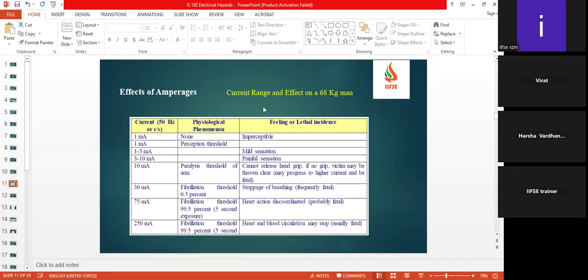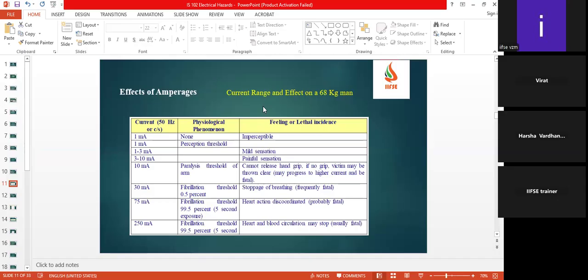And 75 milliamperes, again fibrillation threshold 99.5%, and the heart action is discoordinated, probably fatal. So discoordinated, the breathing pattern and the heart rhythm will change. It will increase, then suddenly it stops. Then 250 milliamperes, fibrillation threshold is 99%, and heart and blood circulation may stop, definitely fatal.